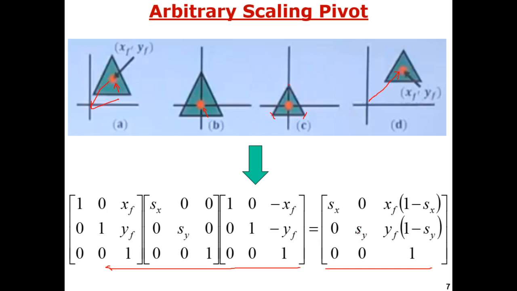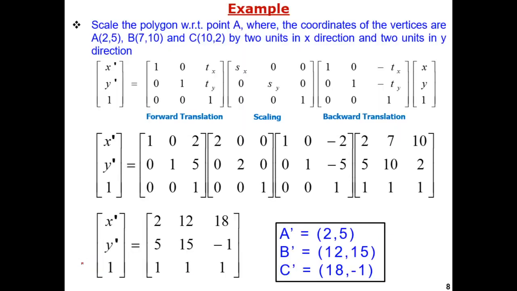You have to remember this particular matrix, or the sequence of matrix operations you can perform. So either you use this right-side formula, this right-side matrix, or these three steps of matrix multiplication.